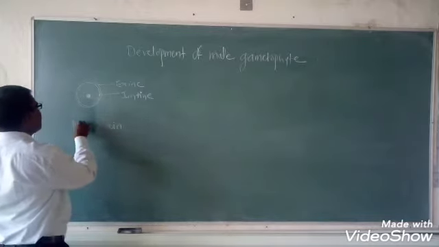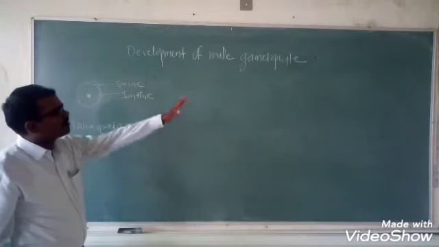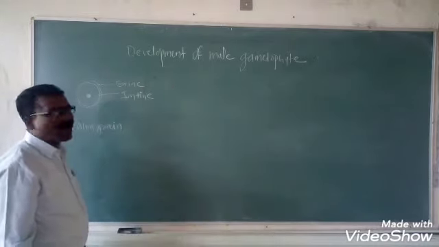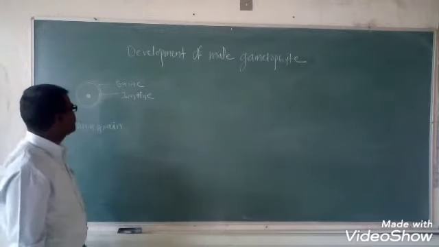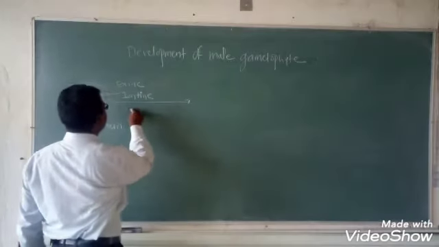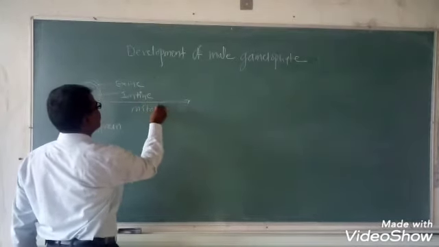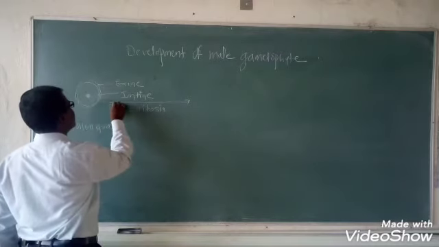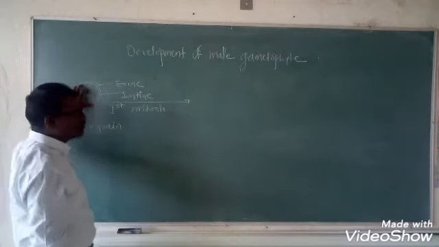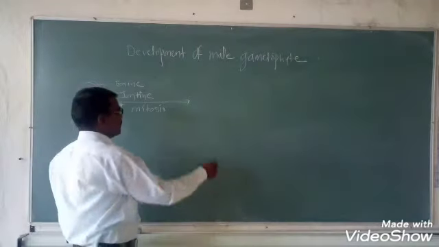Pollen grain undergoes development and forms the male gametophyte after two mitotic divisions. First mitotic division of the pollen grain. After mitosis, how many cells are formed? Two cells are formed.